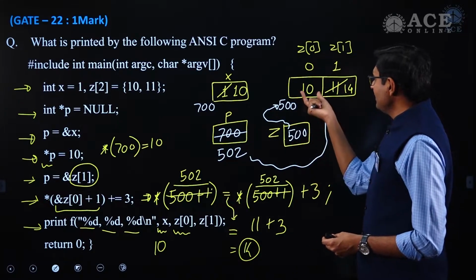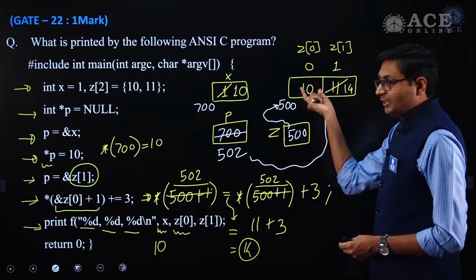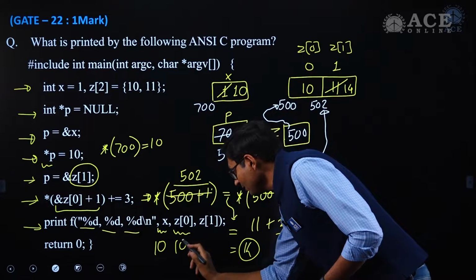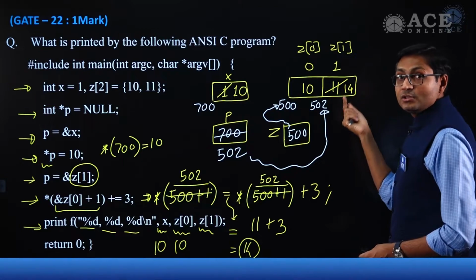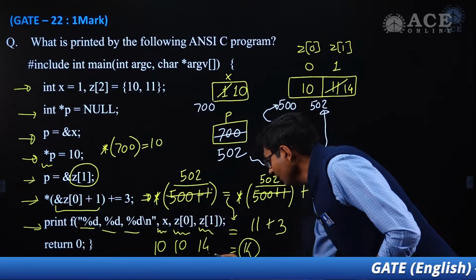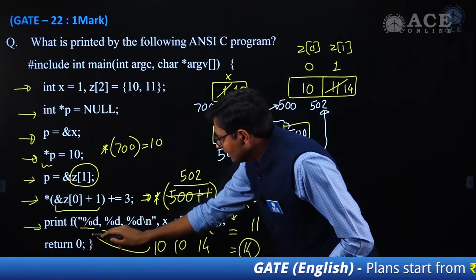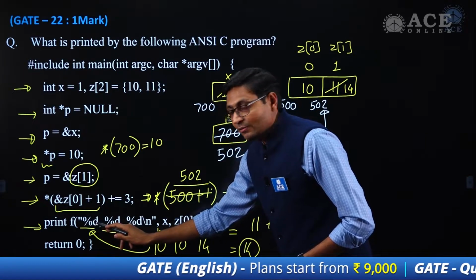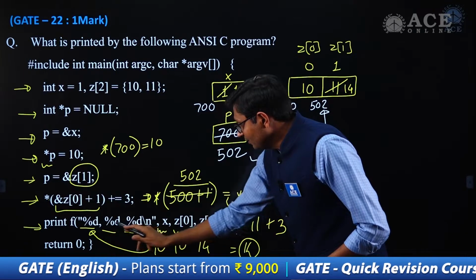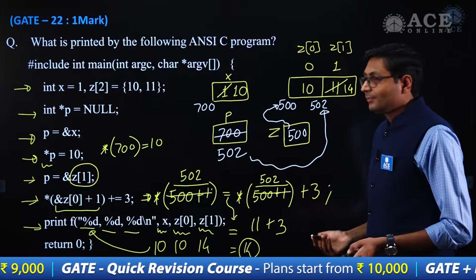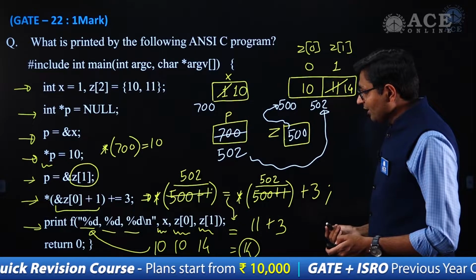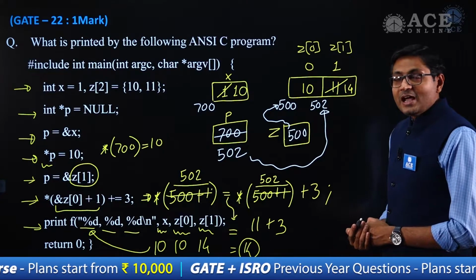Z0, the first element, meaning the 0th element, is also 10, and Z1 is 14. Alright. So 10 is printed instead of the first format specifier, then 10 and 14. Pretty simple example, straightforward. So 10, 10, 14 is our answer here.